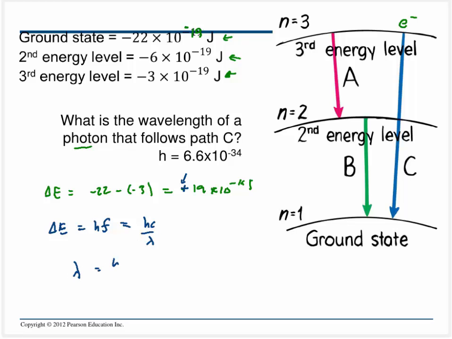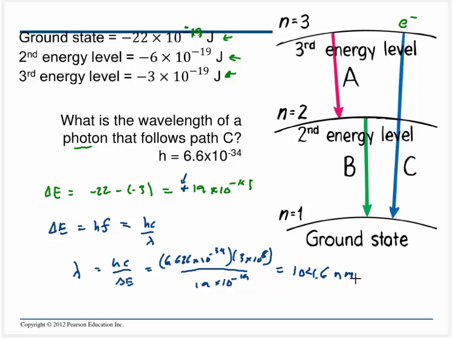And so lambda is going to be equal to h times c divided by delta E. And so this is going to be 6.626 times 10 to the minus 34th multiplied by c, 3 times 10 to the 8th, and divided by that energy change, 19 times 10 to the negative 19th, and we're going to get 104.6 nanometers, which is in the blue, or UV, as we expect it to be. Keep in mind you could do this for the n equals 3 to the n equal 2, or the n equal 2 to the n equal 1 state as well.